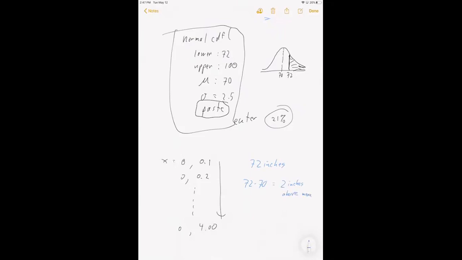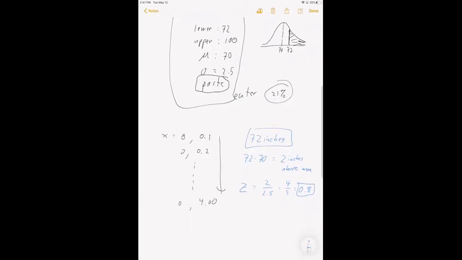But what we would really need to know is how many standard deviations above the mean that is. So we would give that number a z-score, and the z-score would be 2 over the standard deviation, which would be 2.5. So roughly, if I double those, 4 out of 5, or about 0.8. So 72 inches would have a z-score of 0.8 because it was 0.8 standard deviations above the mean.